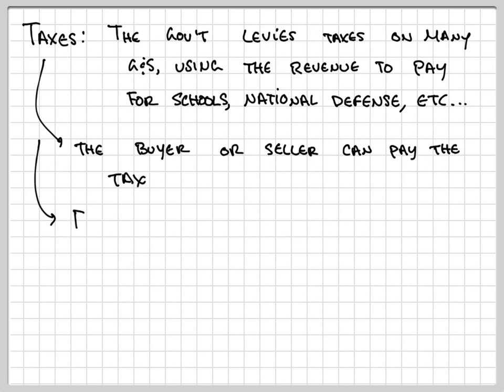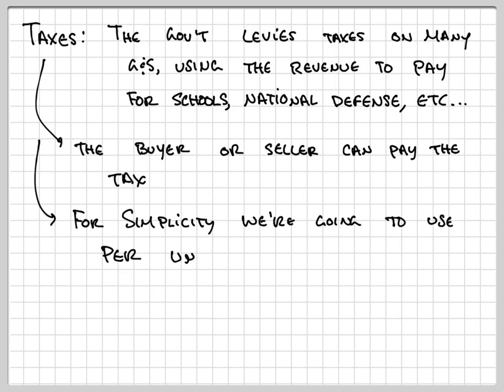So for simplicity, we're going to use per unit taxes. And we're going to show how this affects the supply curve and the demand curve and the market equilibrium. So the way I'm going to do this is with an example. And the example we're going to use is the market for coffee.